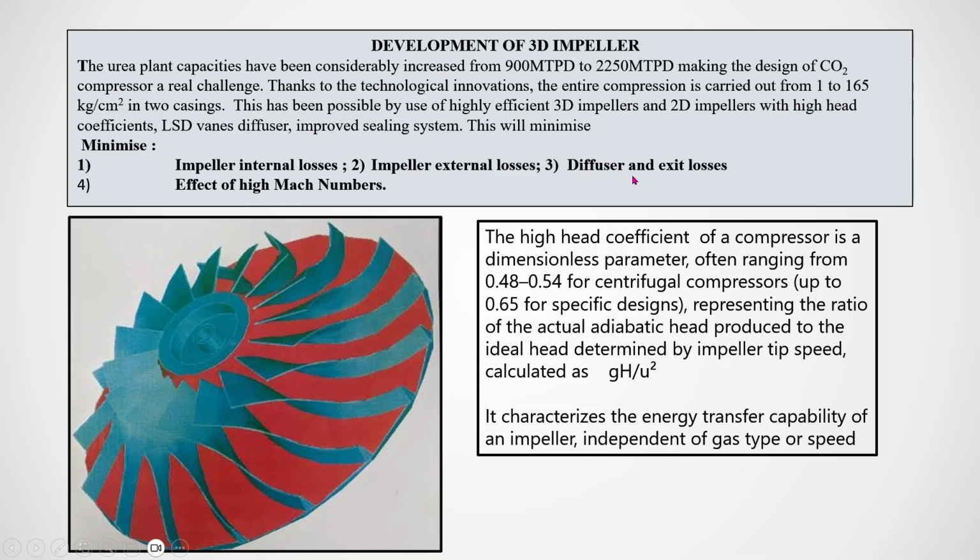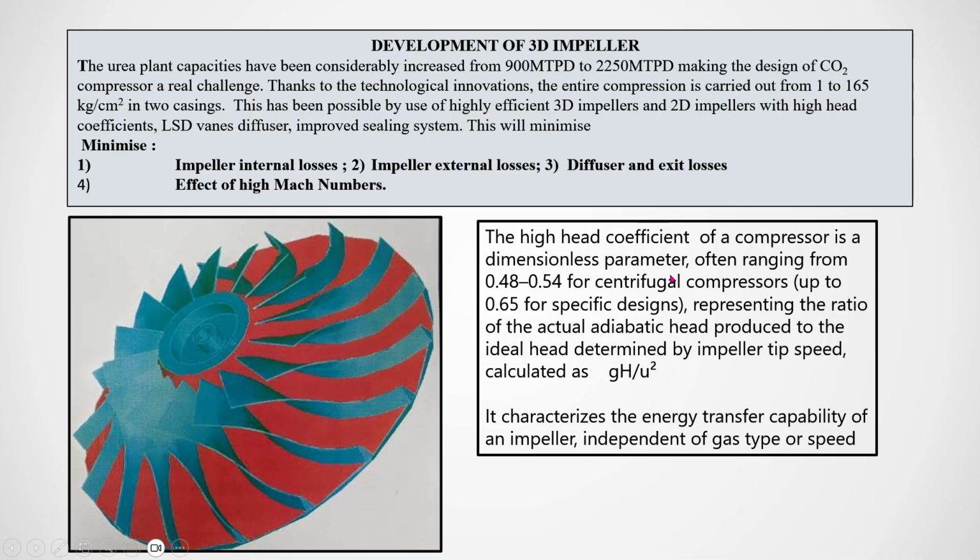Diffuser losses will be less, exhaust losses will also be less, and higher Mach number fluid can be introduced in the impeller. That is called the high head coefficient 3D impeller, 2D impeller with high head coefficient.